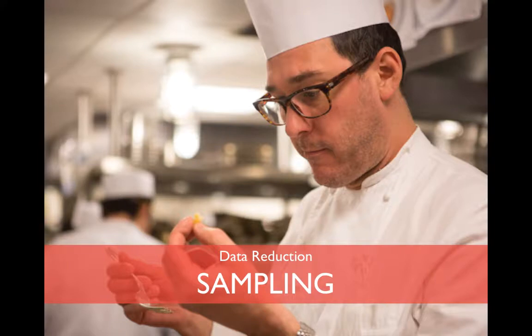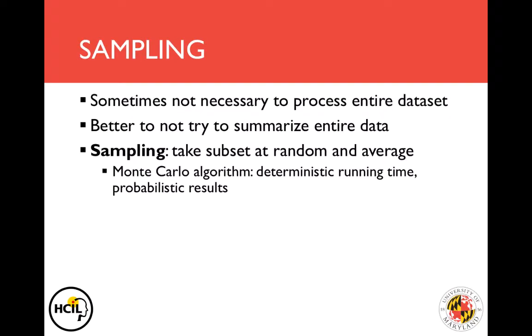Another way to reduce the data that you're working with is sampling, where you take parts of the data and use that instead of using everything. The fact is that sometimes it's not necessary to process the entire data set. If we have 1 billion observations and we process all of them, it doesn't necessarily give us better results than if we were to just take 1 million of those at random, because that million sample probably will average out to be about what we would get if we had all the data points.